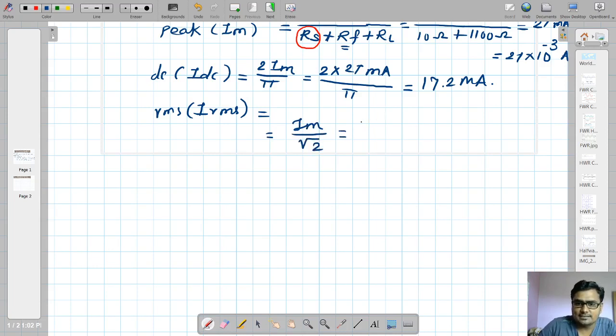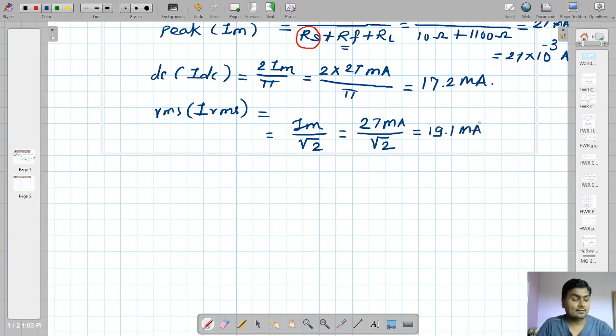Im is 27 milliamperes. Divide it by root 2 and tell me what is the value. You do it by yourself. The value for this is 19.1 amperes, sorry, milliamperes. 19.1 milliamperes. This is the value with the calculator.